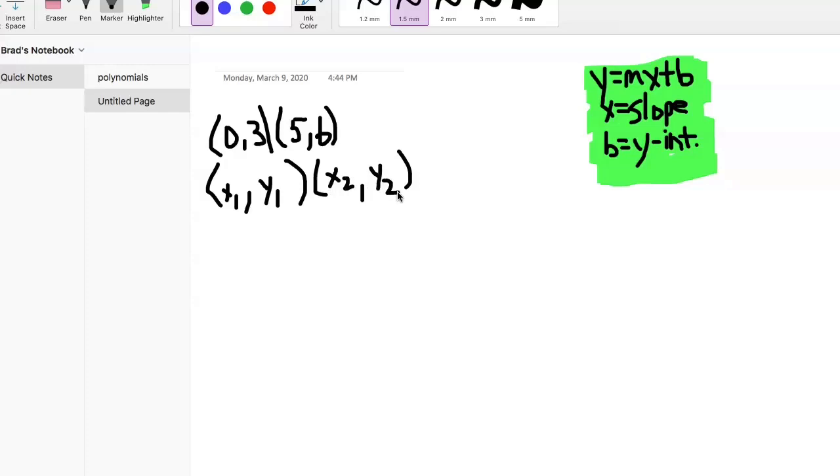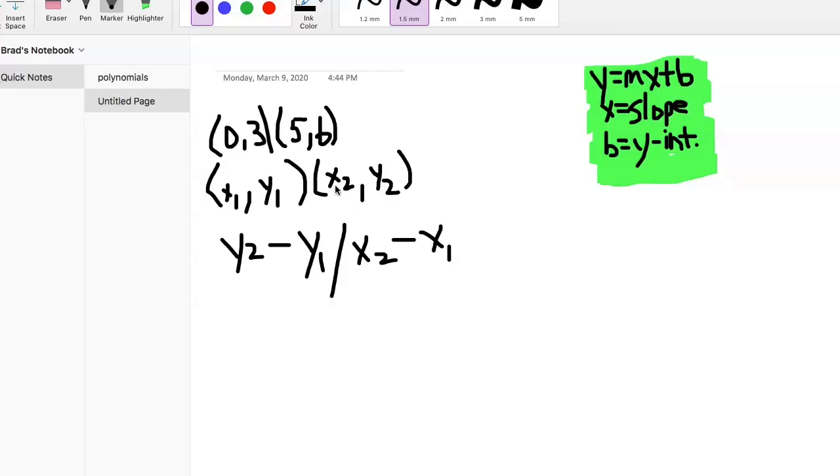Our formula for finding slope is going to be y2 minus y1 divided by x2 minus x1.